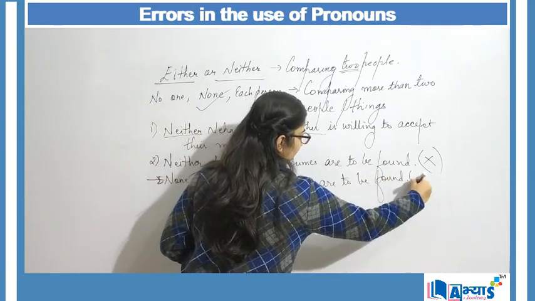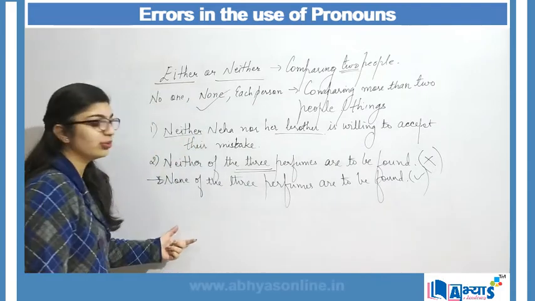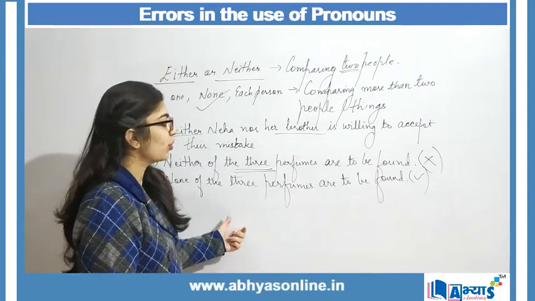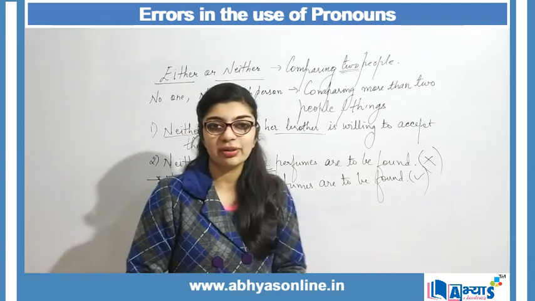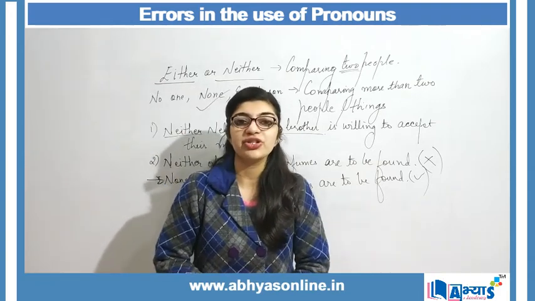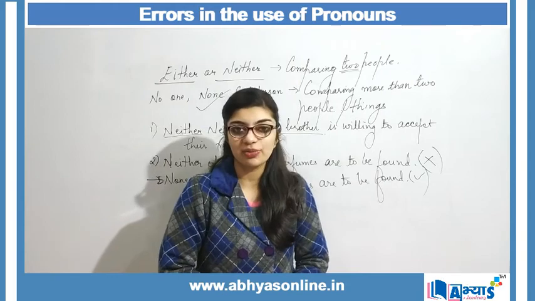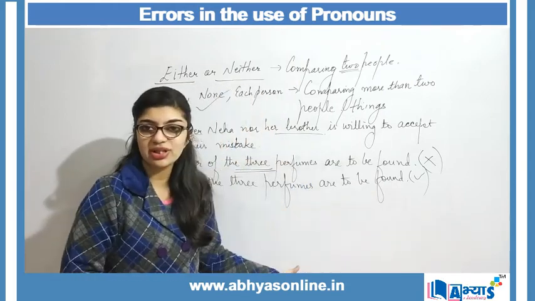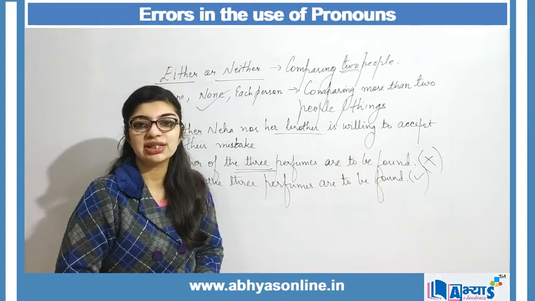And when I say that, it makes my sentence correct. So here we have generally spoken about those errors which commonly occur in pronouns, and the certain rules in order to correct those errors which we have discussed in this video.